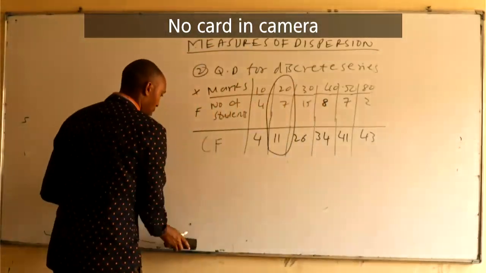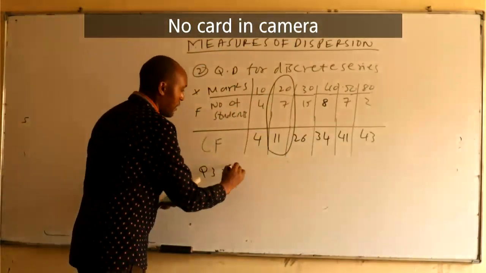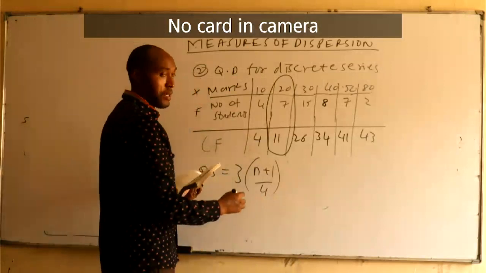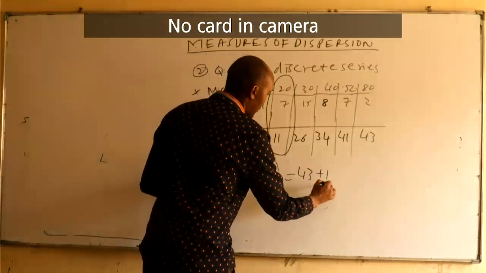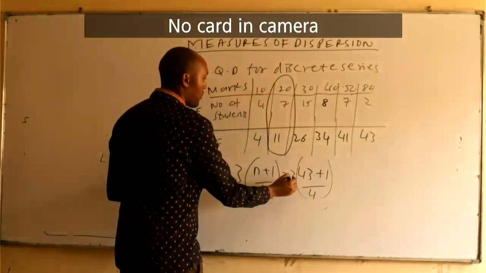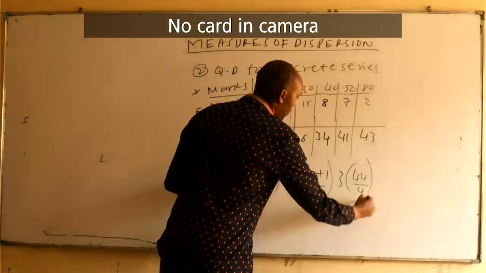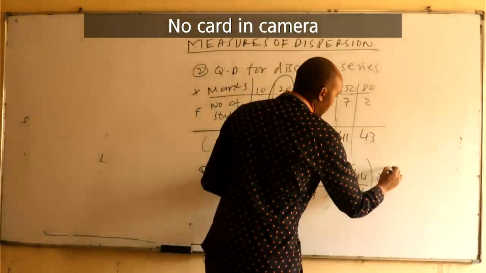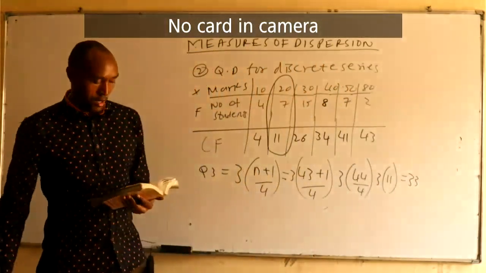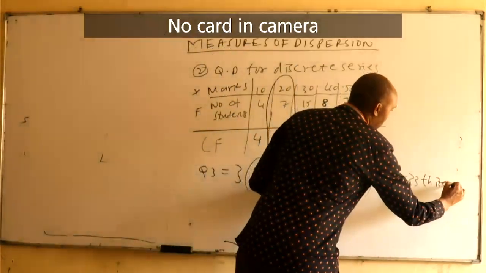Using the same information for Q3. For Q3, it's 3 times n plus 1 over 4. So we get 3 times 43 plus 1 divided by 4, that is 3 times 44 divided by 4, which will give us the 33rd item.